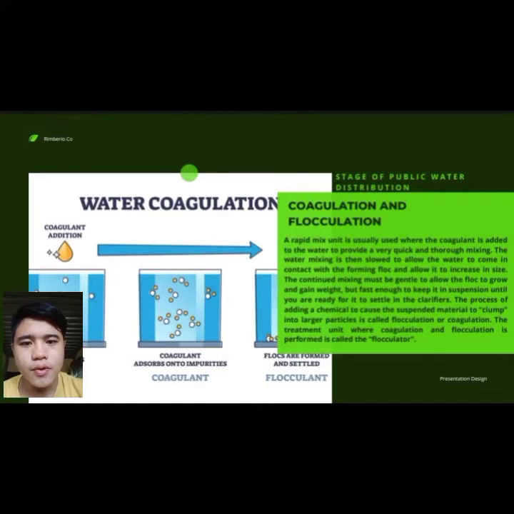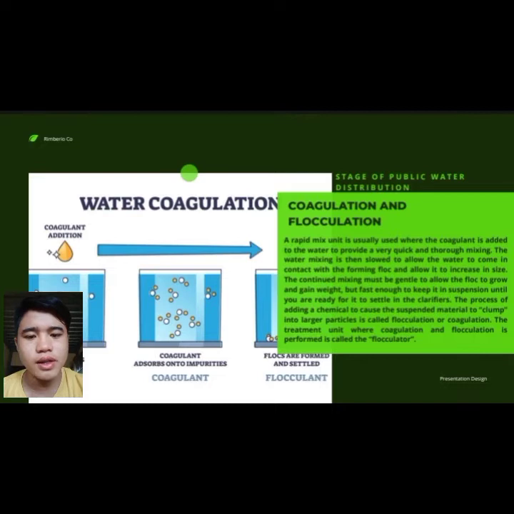Coagulation and flocculation. A rapid mix unit is usually used where the coagulant is added to the water to provide very quick and thorough mixing. The water mixing is then slowed to allow the water to come in contact with the forming floc and allow it to increase in size.